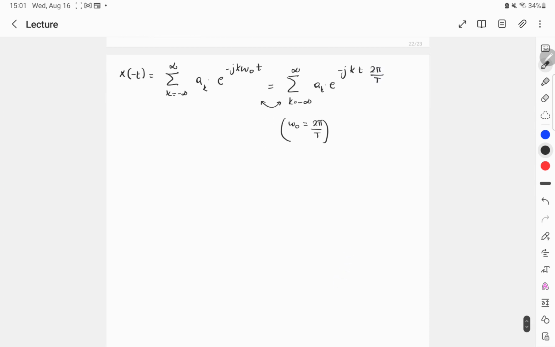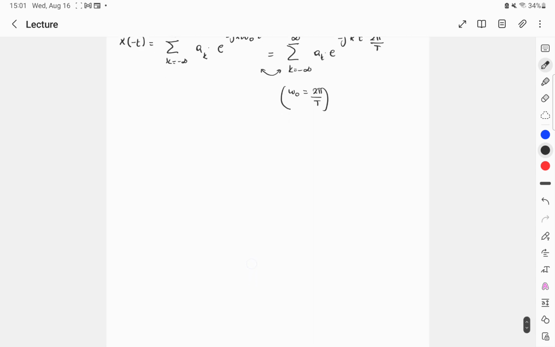Now, what we are going to do here is that we are going to make a substitution. We will write k equals minus m, and let me show it here. Let k equals minus m. And we have another signal, y of t, which is equal to x of minus t.